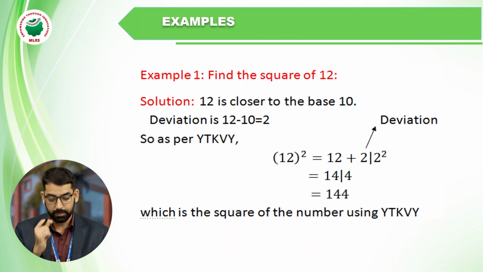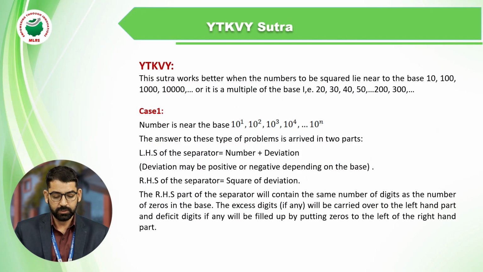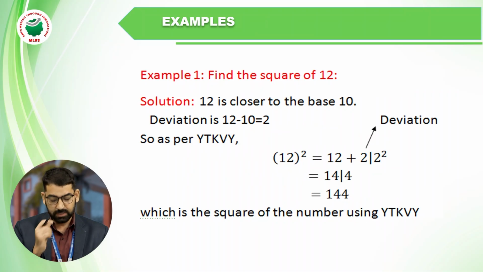Here is the first example: we have to find the square of 12. As in the previous case, we have already discussed these things. Now we will implement them in our first example, to find the square of 12. Number 12, as we know, lies close to the base 10. So first, students should understand that we have to implement the Yavadunam Taraduni Kriti Vargena Yojayat.